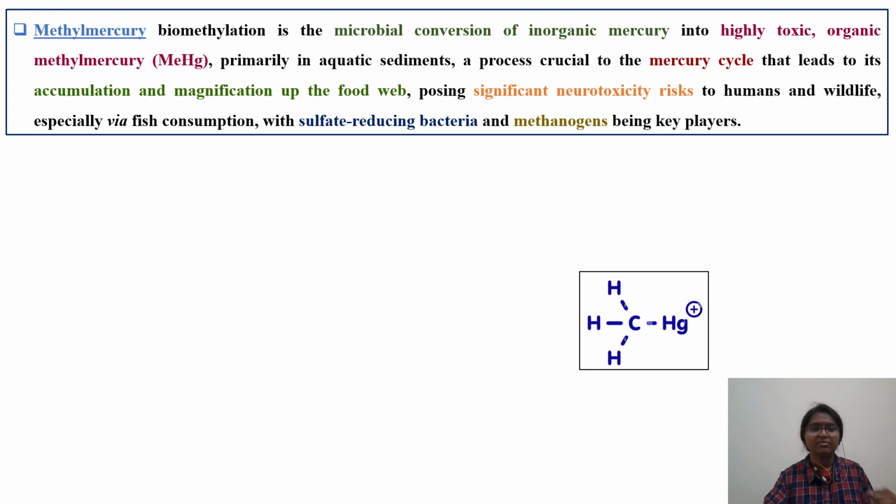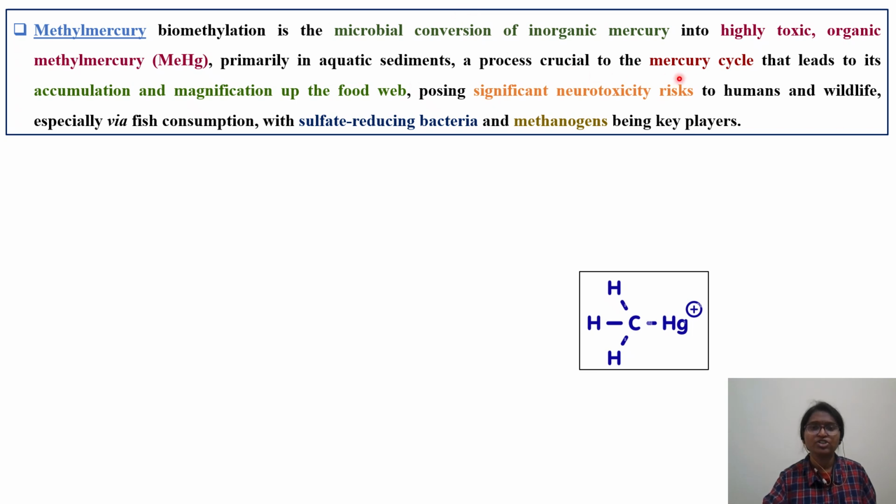Methyl mercury undergoes biomethylation, which is the microbial conversion of inorganic mercury, Hg0, into highly toxic organic methyl mercury, CH3Hg, primarily in aquatic sediments, that is in water bodies.